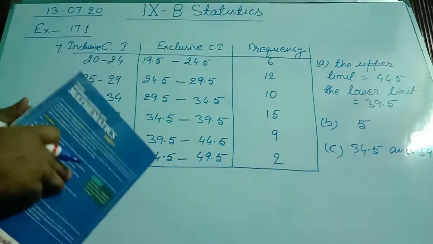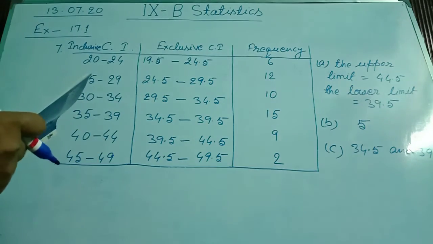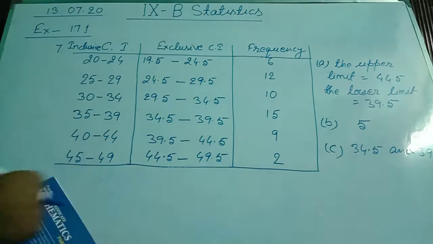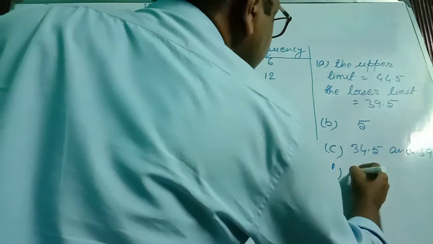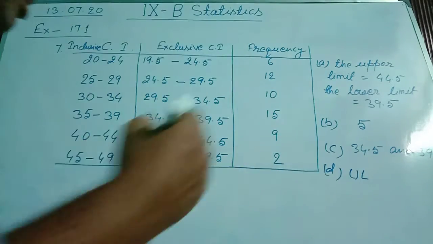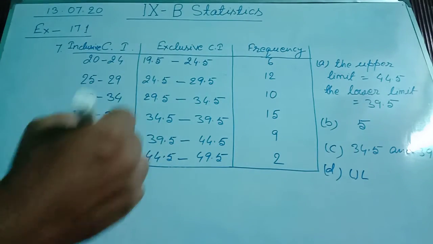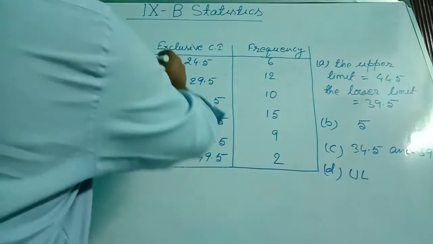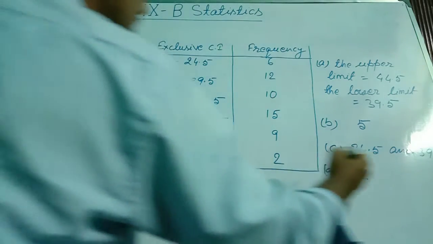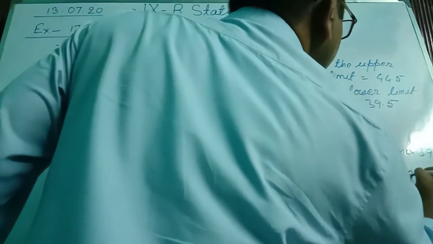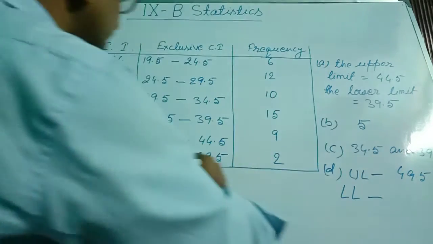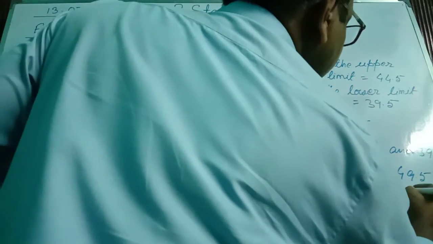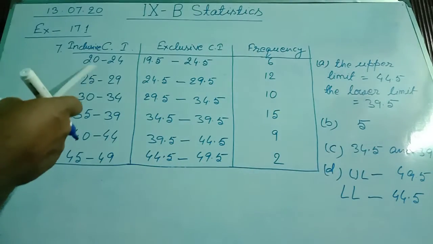And question number D. The upper and lower limit of the 6th class. Upper limit, that is denoted by UL. Upper limit of the 6th class is 1, 2, 3, 4, 5, 6. That is 49.5. And lower limit of the 6th class is 44.5. One more question is left.